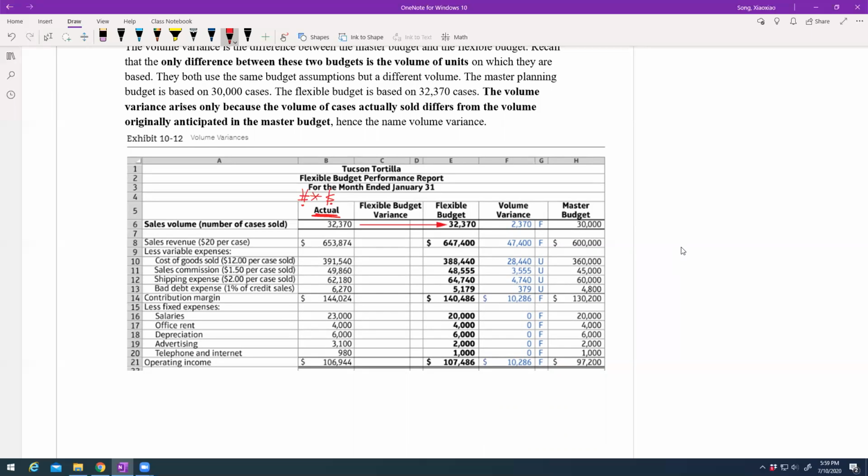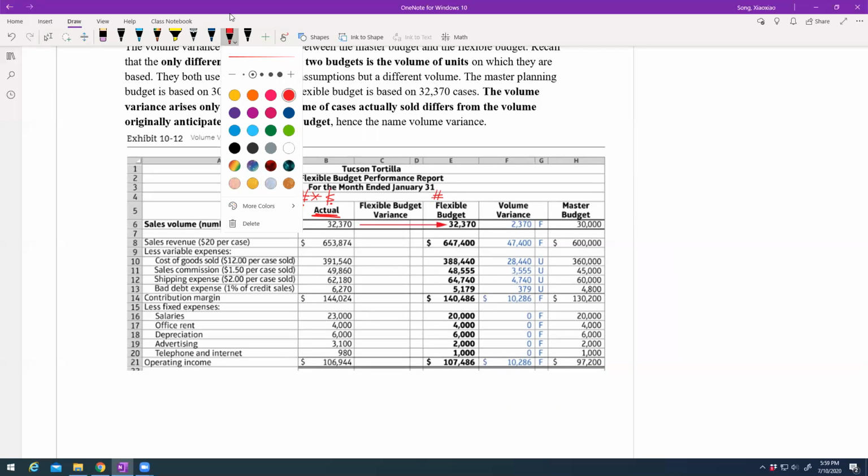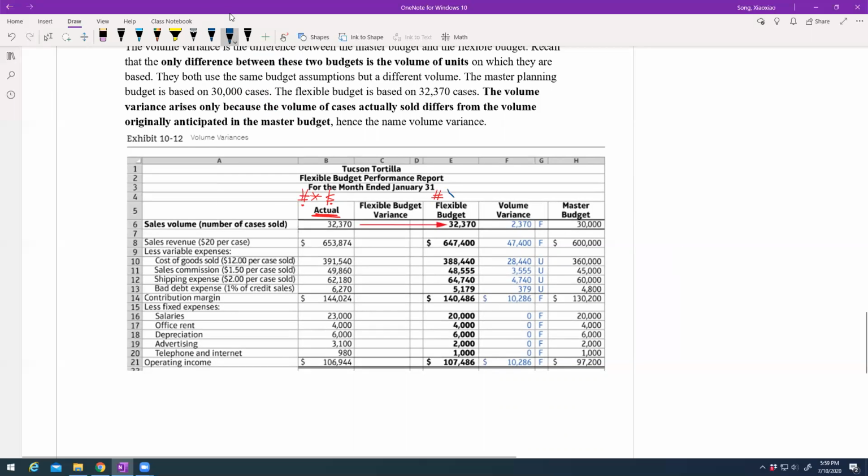So your actual is actual units times the actual dollar amount. For the flexible budget, we use the actual units, but we use the budgeted price. So the variance will be from a different dollar amount. For the master budget, we use the budgeted units, and then we use the budgeted price.